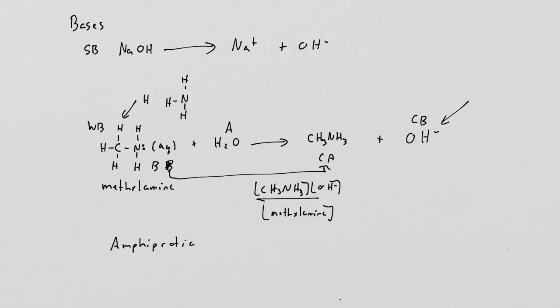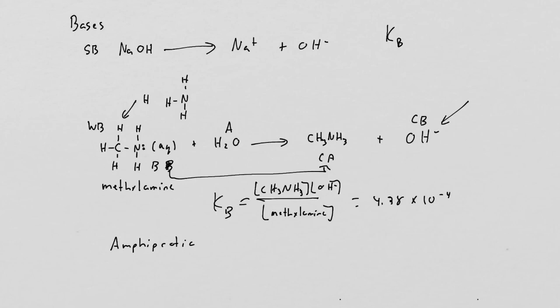Now for methylamine, the Kb value, which gives us an idea of how much there is on the top and the bottom, is 4.38 times 10 to the minus 4. And so this is really analogous or similar to the behavior of the weak acid, except it's kind of doing the opposite thing.